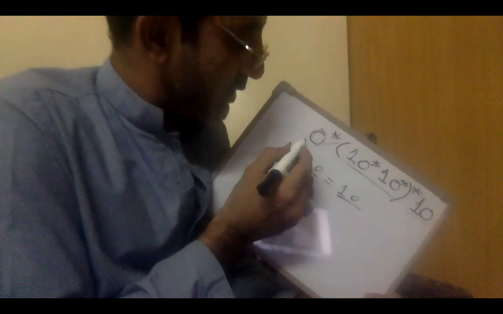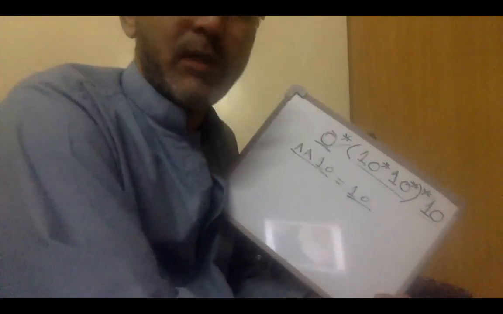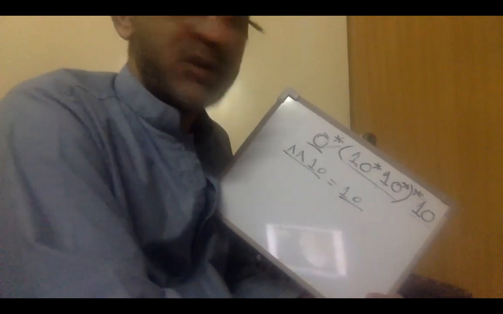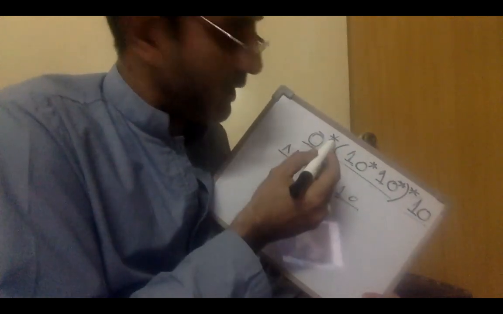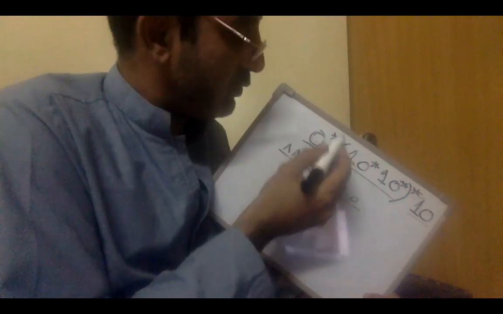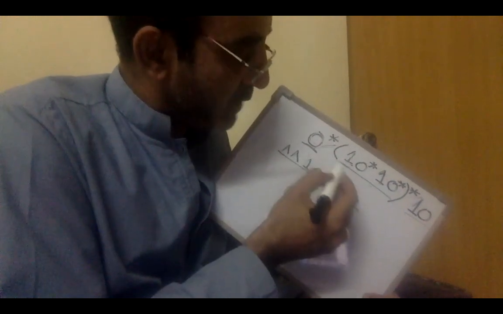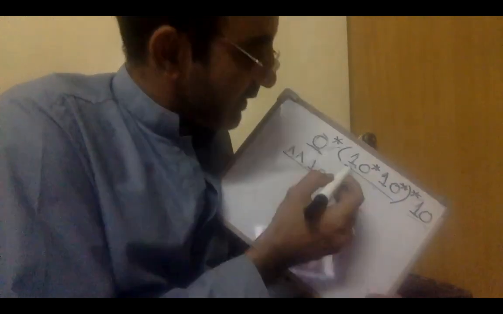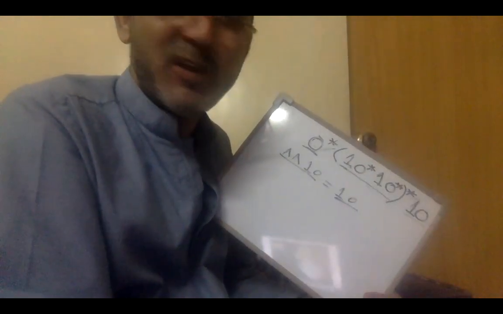This star makes me able to make it null and produce some string which can start with this 1, and then 0 star, all possible combinations of zeros.